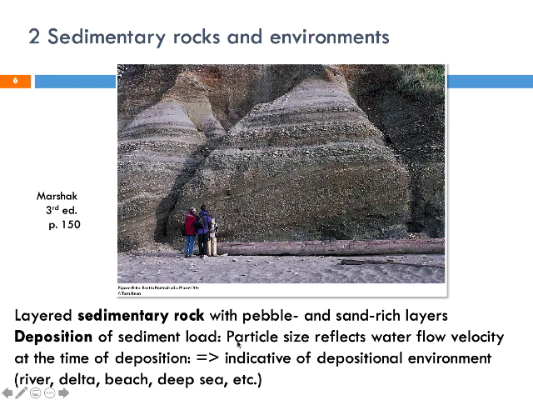The nature of the sediment that we find in such outcrops represents a geological record of different environments where sediments can get deposited, such as rivers or the delta where rivers meet the sea, beach environments or deep sea environments. All of those environments have different characteristics.